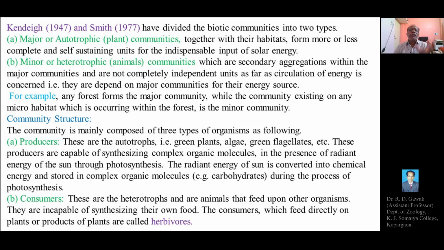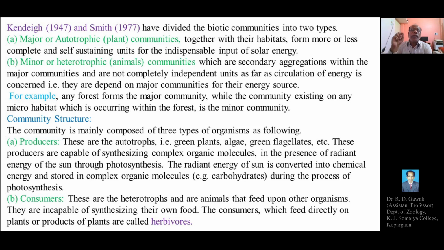But the minor or heterotrophic communities, composed of animals, are secondary aggregations occurring in the major communities, for example in the forest, and are not completely independent units as far as circulation of energy is concerned.